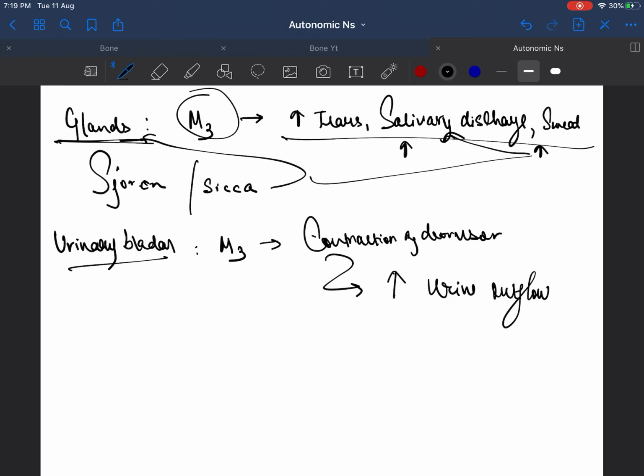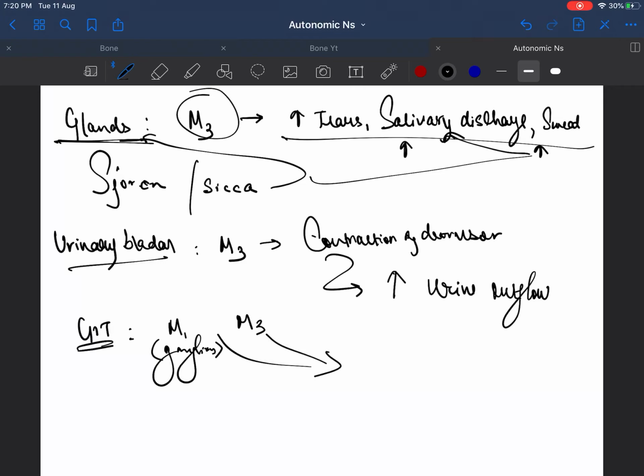Very easy to understand. And then at the GIT, here we have two types of receptors. We have the M1 and the M3. These are actually present in the ganglion. What will these two do? They will increase the secretion of HCl, which will predispose the person to peptic ulcer disease. And they will do what?